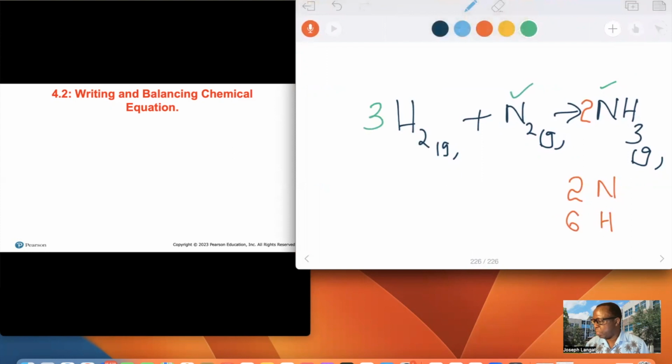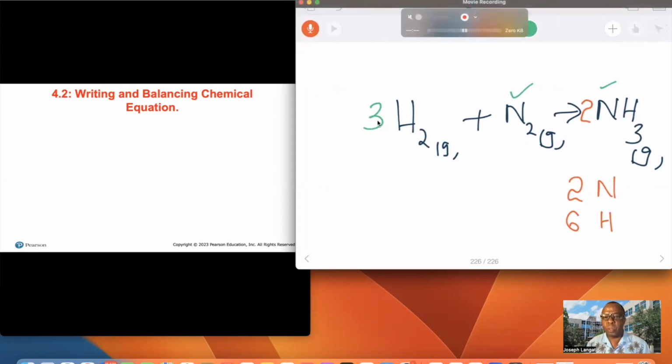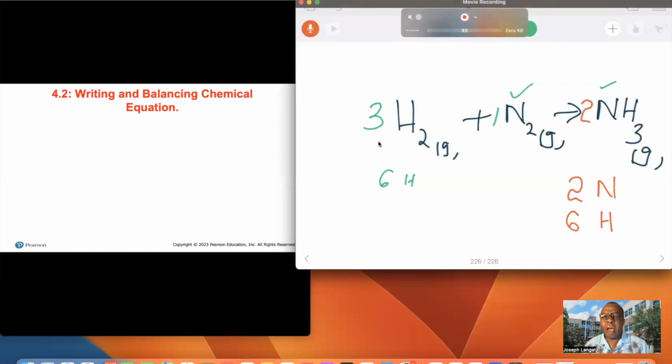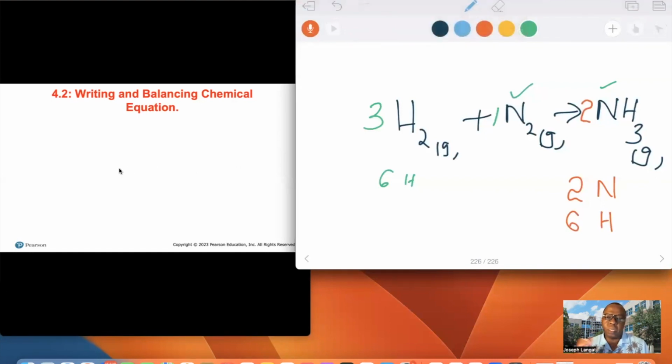We say the equation is balanced. This is 2 times 3 hydrogens, 6. So this is 6 hydrogens, 6 hydrogens, 2 nitrogens. Even though there is nothing here, it's understood that there is one there. Don't think that it is zero. No, there is two. So what I've done here, I've balanced the equation.